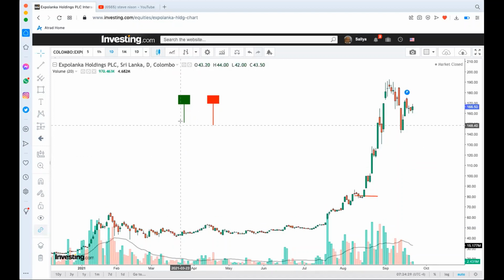I don't know whether you can see them as umbrellas, but for him, they are like umbrellas. But for these umbrella candles, he describes them in two different names.